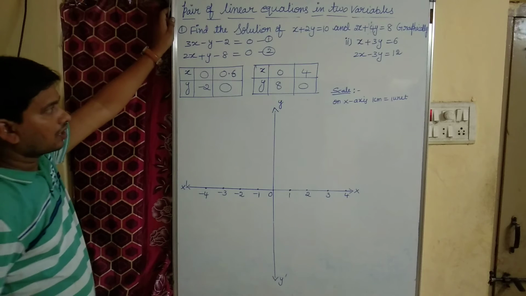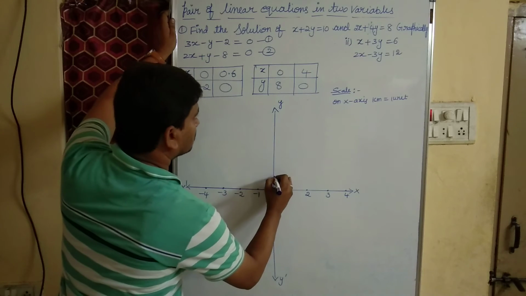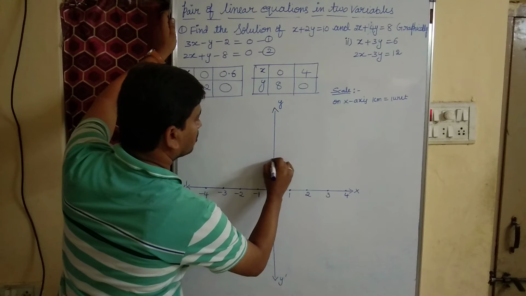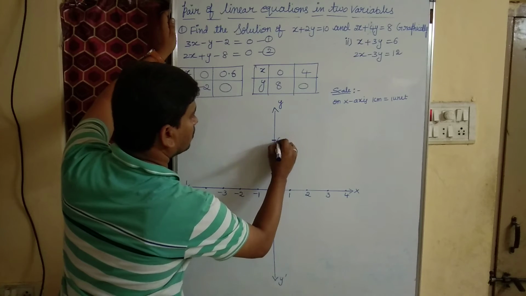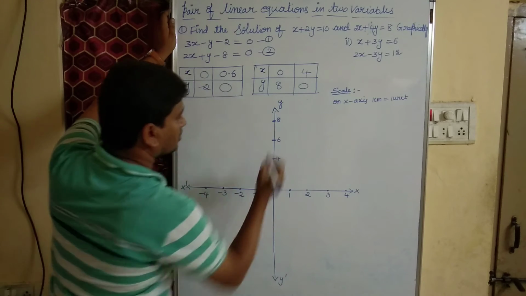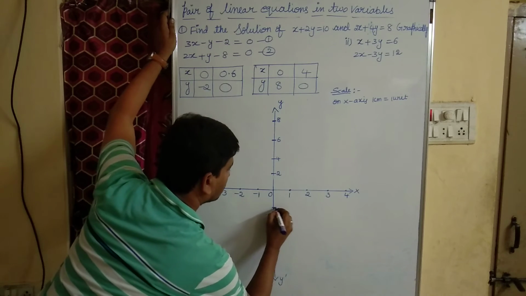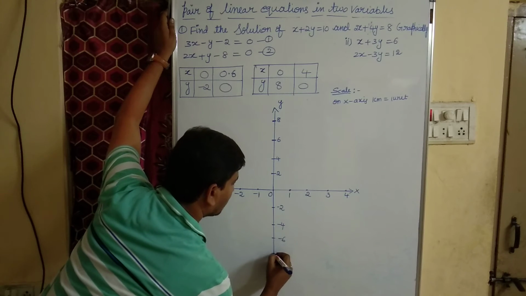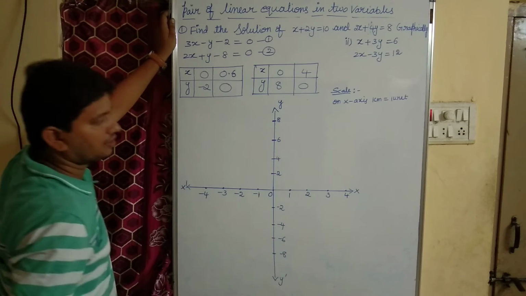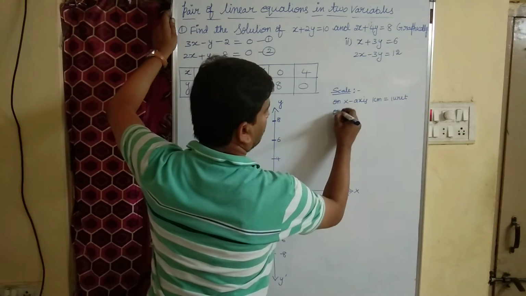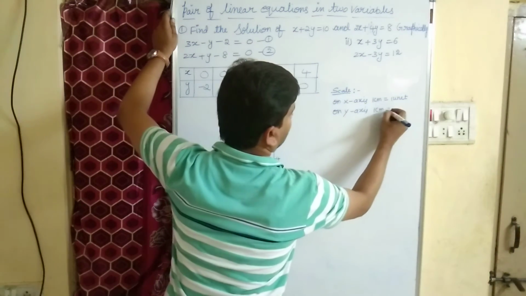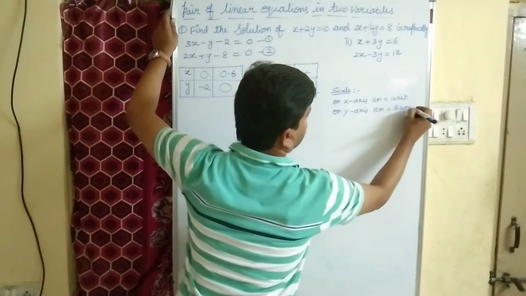Now coming to y-axis, let us take 1 centimeter equal to 2 units: 2, 4, 6, 8, minus 2, minus 4, minus 6, minus 8. So on y-axis, we took 1 centimeter equal to 2 units.